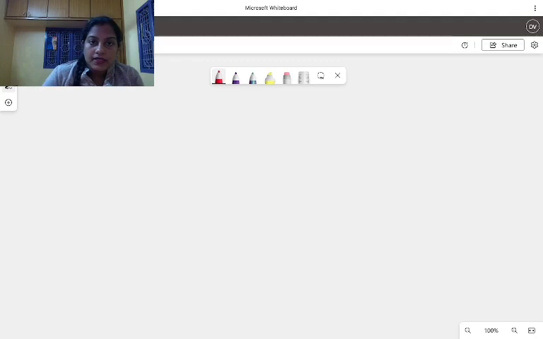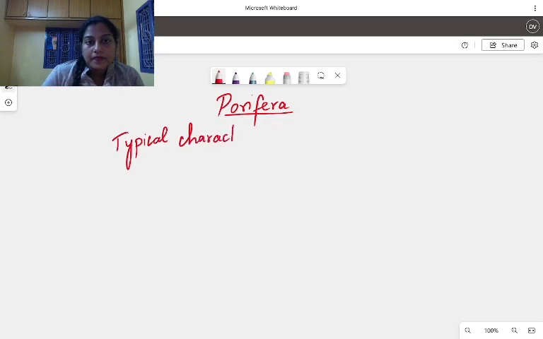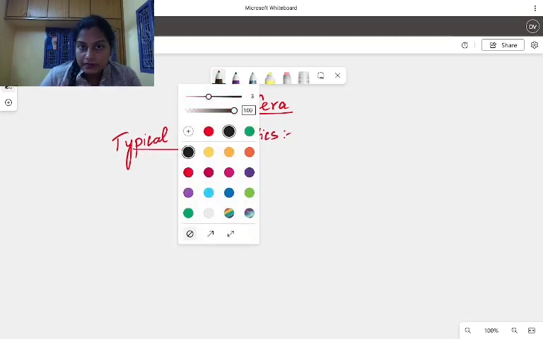So basically we are talking about Porifera typical characters. But before seeing that, let me draw a diagram. Let me use a black pen.